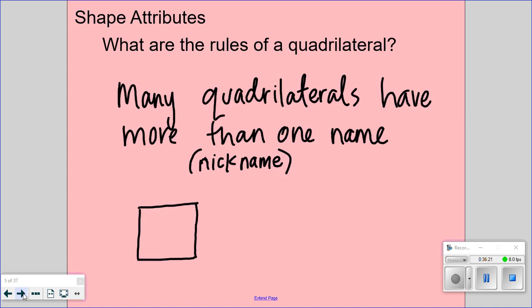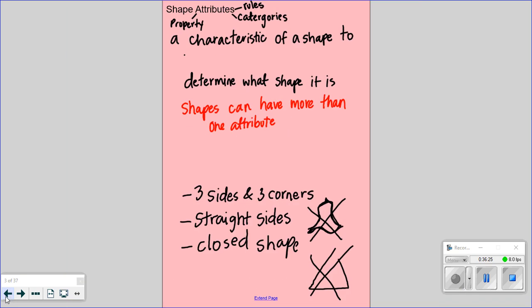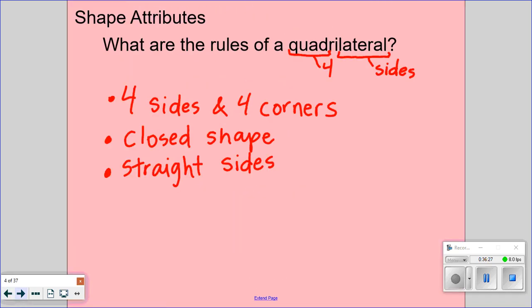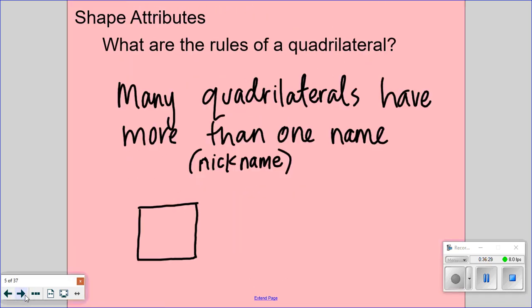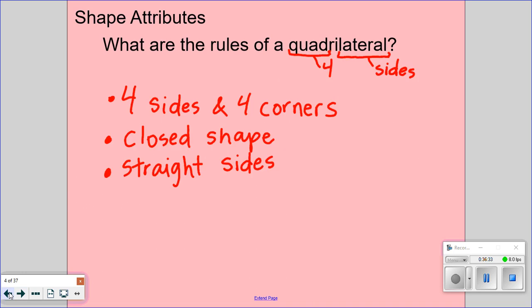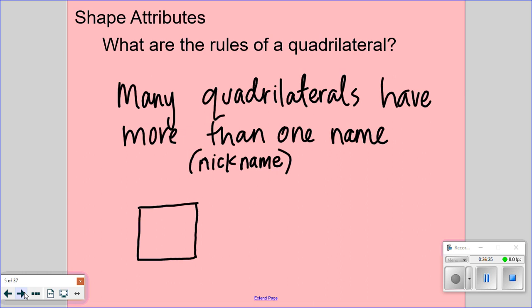Does it have 4 sides, 4 corners? Yeah. Is it closed? Are there any holes? No. Does it have straight sides? Yes. So what can I call that shape? Yeah, this is called a quadrilateral.